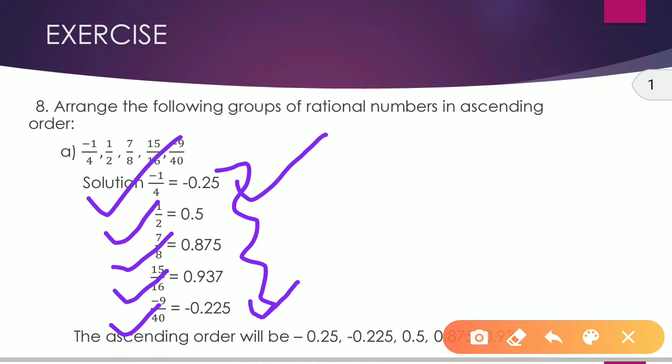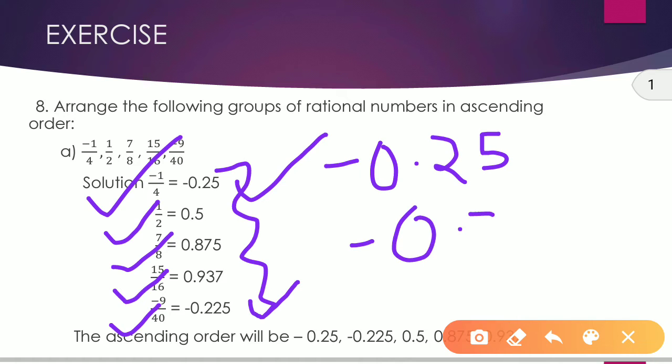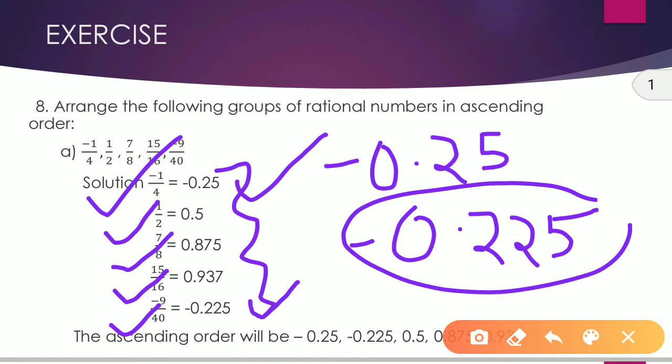Minus 0.25 and minus 0.225, which number will be smaller? On the number line, the left-hand side holds all the negative numbers, and the negative numbers are in descending order. Therefore, minus 0.25 will be less than this number. So in our ascending order, the first number will be minus 0.25 and after that minus 0.225.